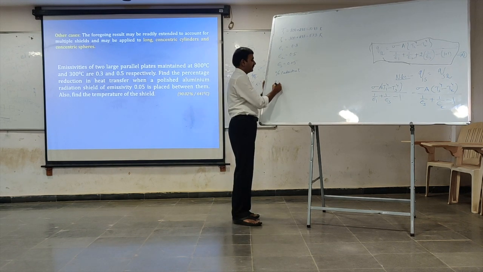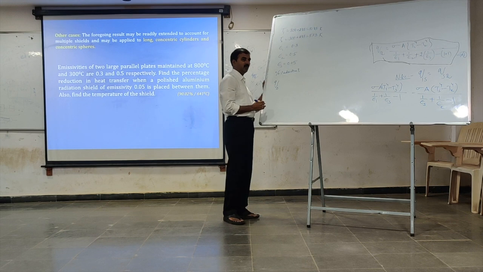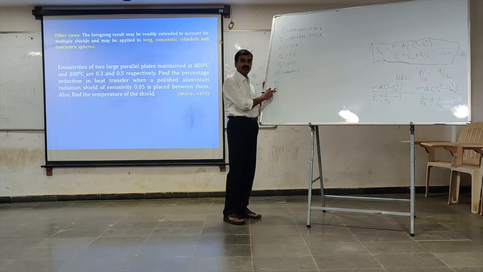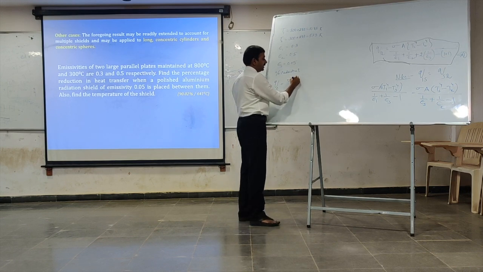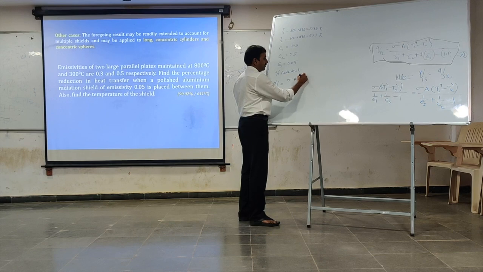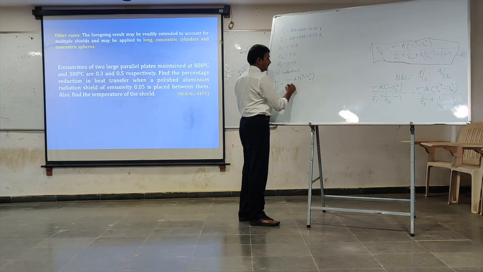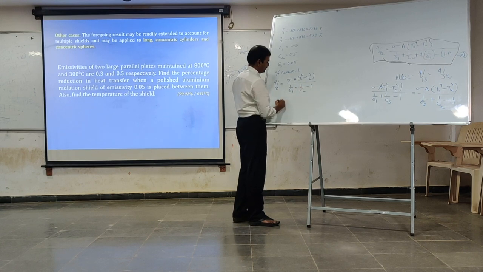Let us say Q0, where 0 represents 0 number of shields, is equal to sigma A times T1 to the power of 4 minus T2 to the power of 4, divided by 1 by epsilon 1 plus 1 by epsilon 2 minus 1.